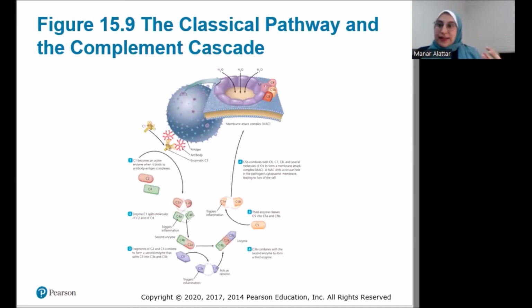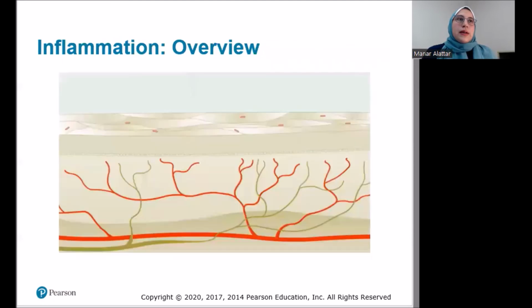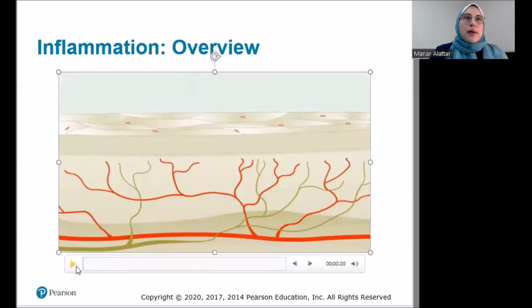So these various cascades, also called the complement cascade, allow for inflammation. Well, let's talk a little bit more about what inflammation is and why it's important, okay? And so you can see here some information about inflammation.